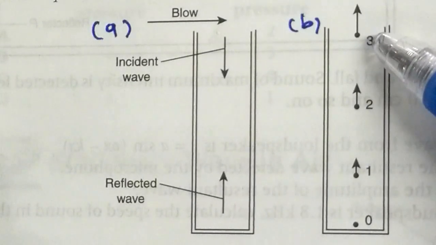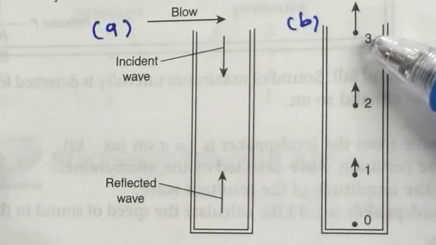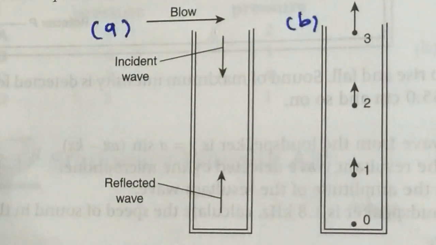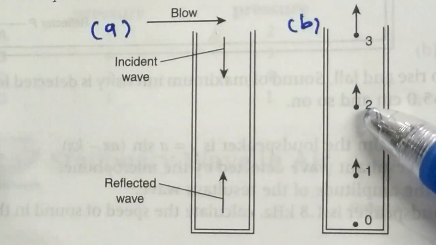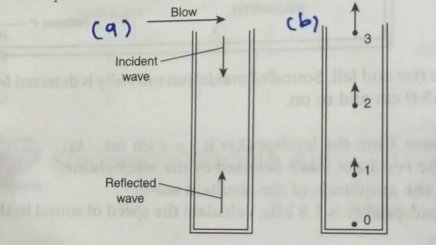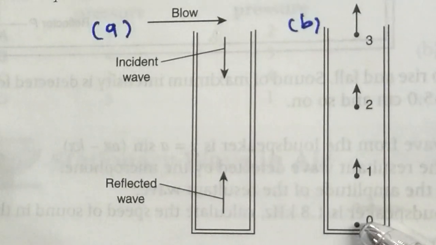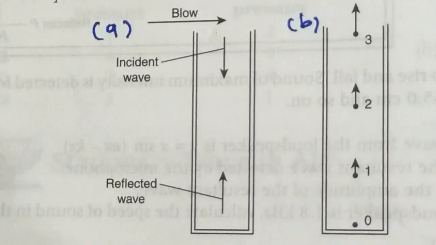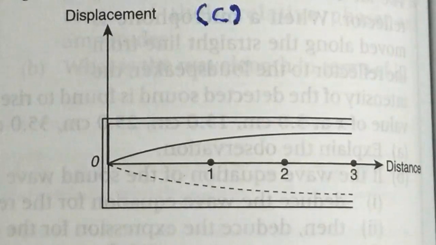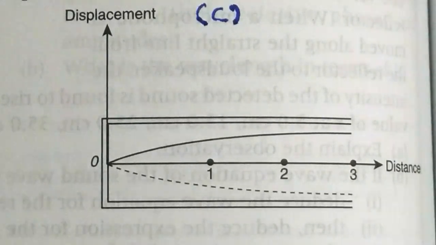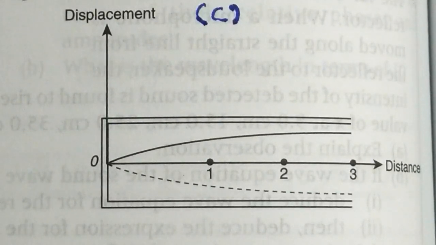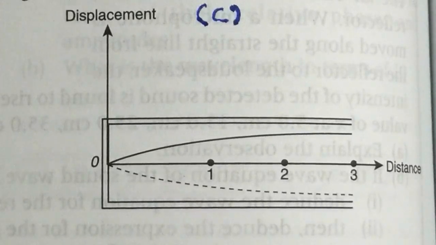Particle 3 at the open end has the greatest displacement. The displacement of particles 2 and 1 becomes smaller. And finally, particle O at the closed end is not displaced at all. Figure C shows the displacement-distance graph for the stationary wave drawn inside the tube.